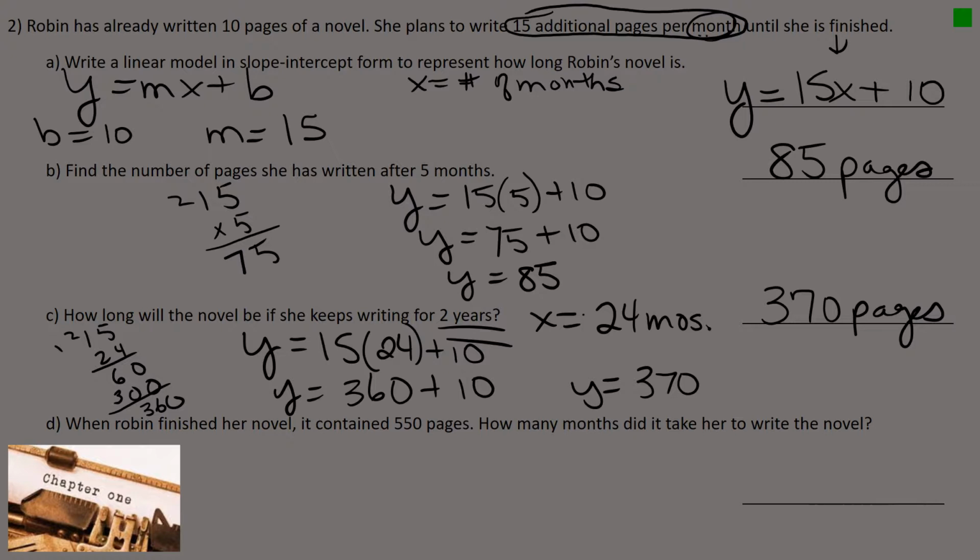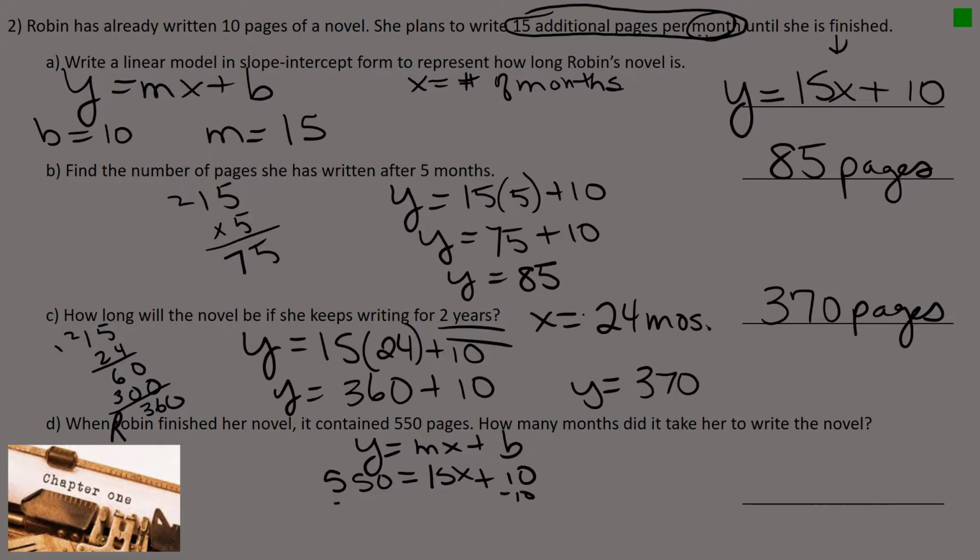All right, so when Robin finally finished her novel, it contained 550 pages. How many months did it take her to write this? Well, my equation, y equals mx plus b, the total number of pages is this y, so it's 550. I want to know how many months. Well, I know my equation was 15x plus 10, and I want to know how many months that's going to be.